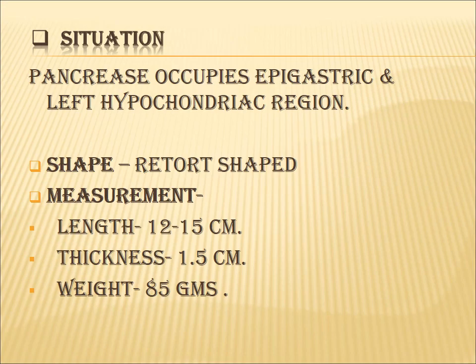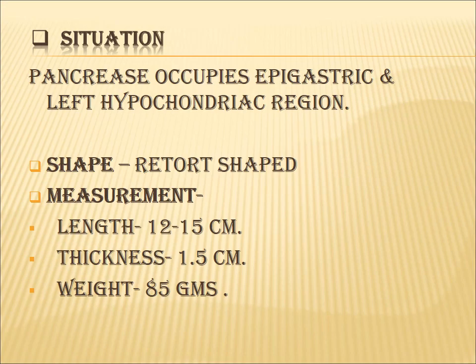It extends obliquely upwards and to the left from the hollow of the duodenum to the spleen, lying under cover of the stomach. So it is one of the organs which forms the bed of the stomach, from which it is separated by the lesser sac. As I have said, it is obliquely present from the C-shaped hollow of the duodenum till the hilum of the spleen.